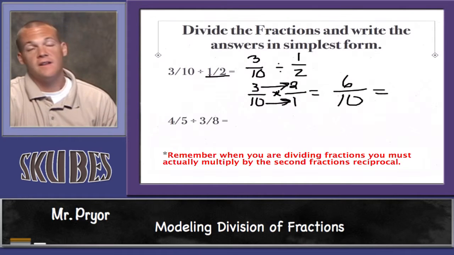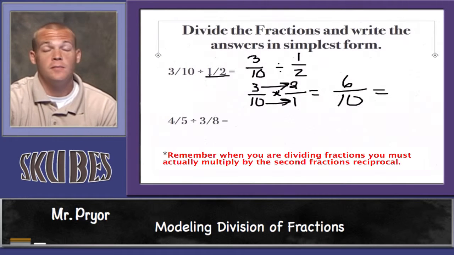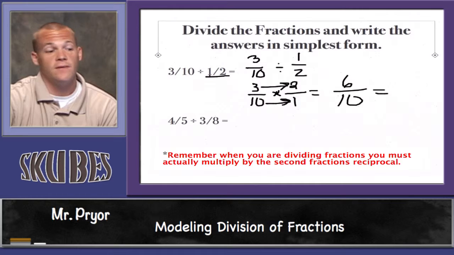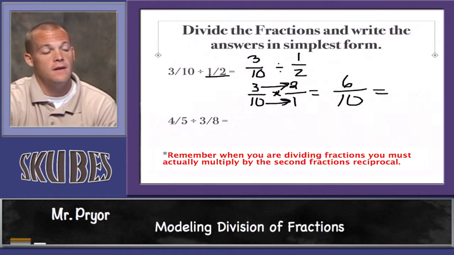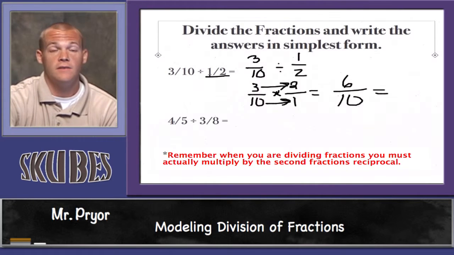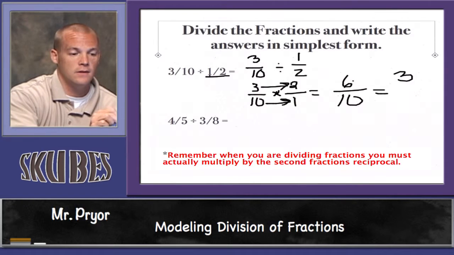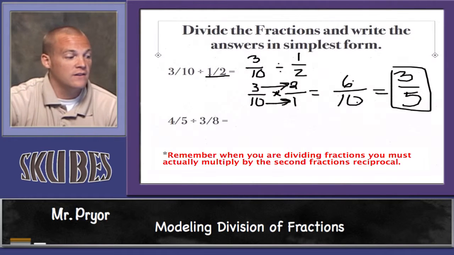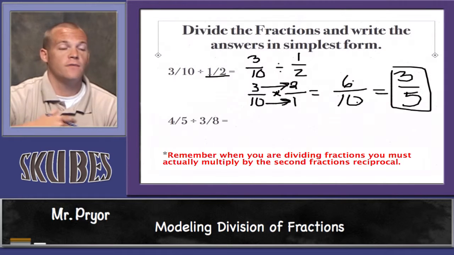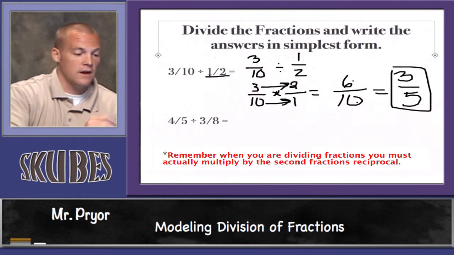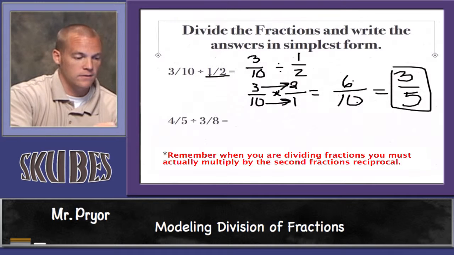So in this case, because it says to write your answers in simplest form, you will need to simplify. 6 and 10 have a common value that can divide into them evenly, and that would be 2. 2 goes into 6 3 times, and 2 goes into 10 5 times. So your final answer for 3/10 divided by 1/2 would be 3/5. Now, if you didn't completely follow that, don't worry, we got a couple more examples to go along with this.